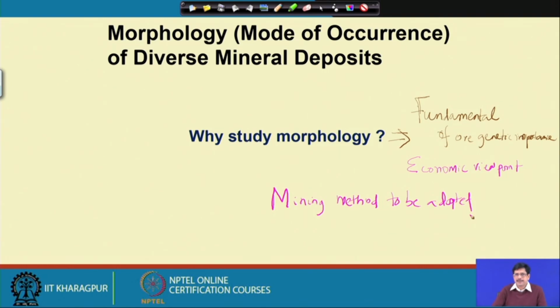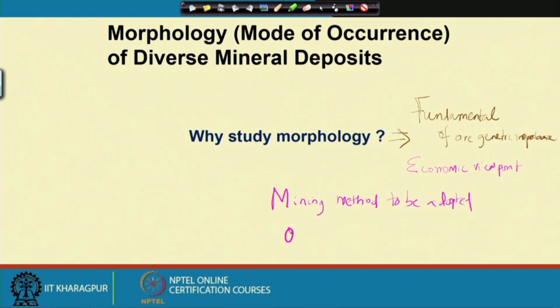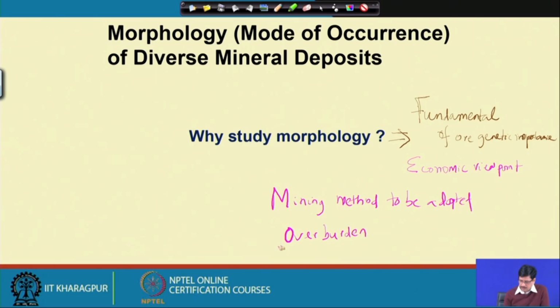because there are certain parameters that come into consideration. In order to exploit a particular ore body in any situation existing in the crust, it is very important to estimate how much of the rock, which is not economically important to us, is occurring as what we call overburden.